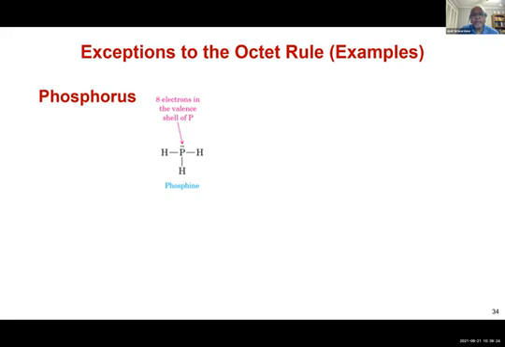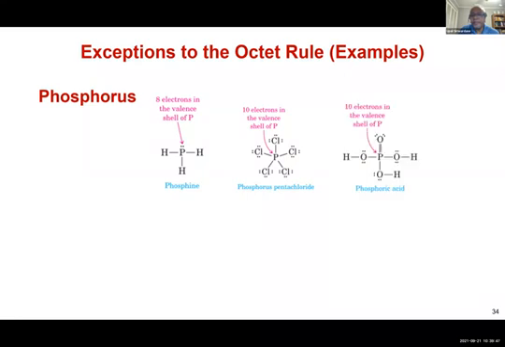They have an octet of electrons. But in some compounds, like PCl5, the phosphorus atom is bonded to 5 chlorine atoms. Therefore, they have 10 valence electrons, 2 from each chlorine. So it's an exception.